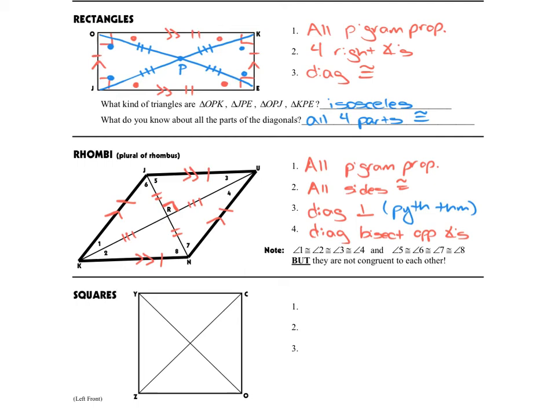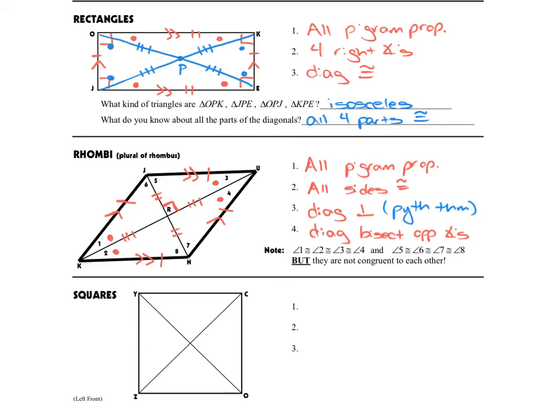But when we work with our rhombus, what we're going to find is, for example, angles 1, 2, 3, and 4 are all going to be congruent to each other. And again, I like to do the dots instead of the traditional congruent markings.